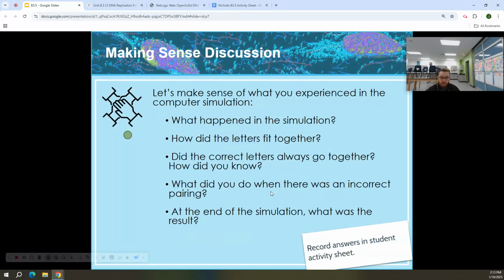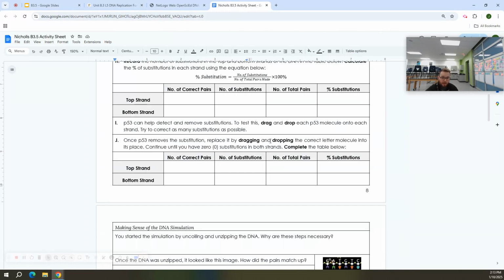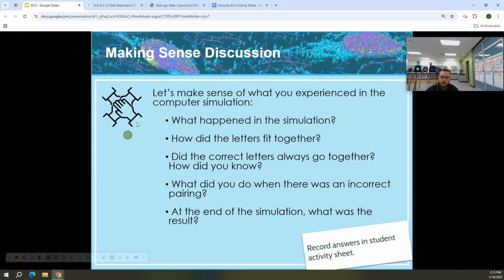Okay, what did you do when there was an incorrect pairing? So looking back when we had that incorrect pairing, what came along and kind of did its job and took care of that for me? So if I noticed that there was an incorrect pairing, what did I drag and drop, and what did that do, and how is that helpful? And then at the end of the simulation, what was the result?